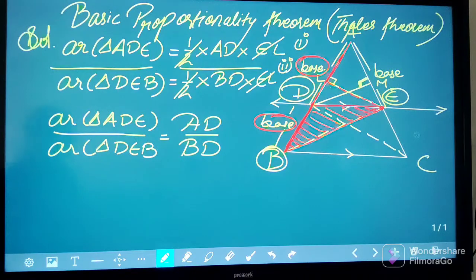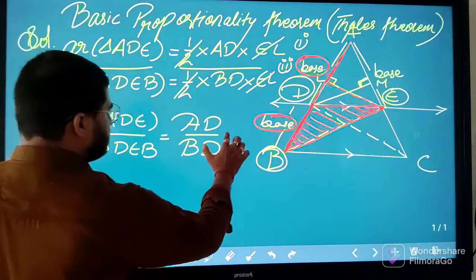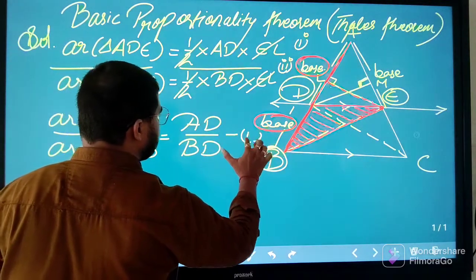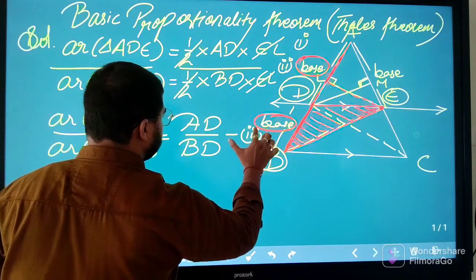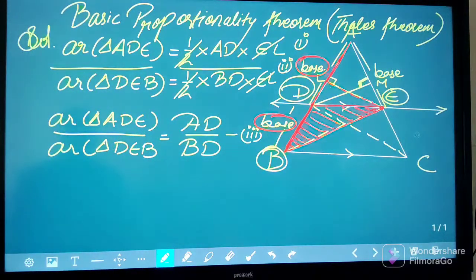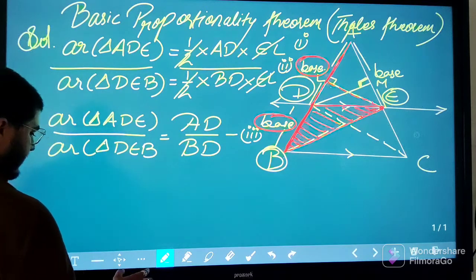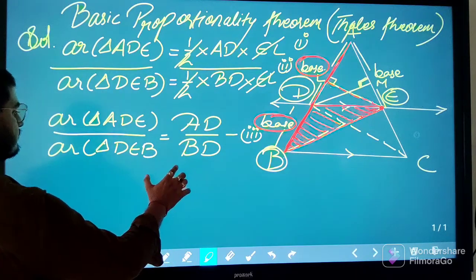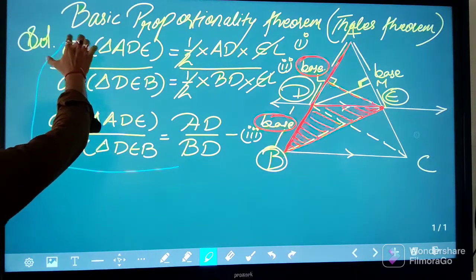Am I correct? AD upon BD. So let us say this as equation number third, and all this information let us keep it aside for a time being.